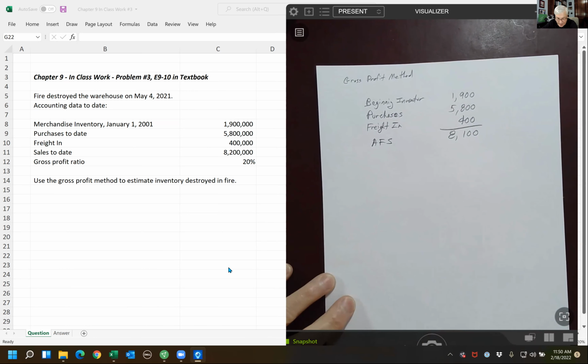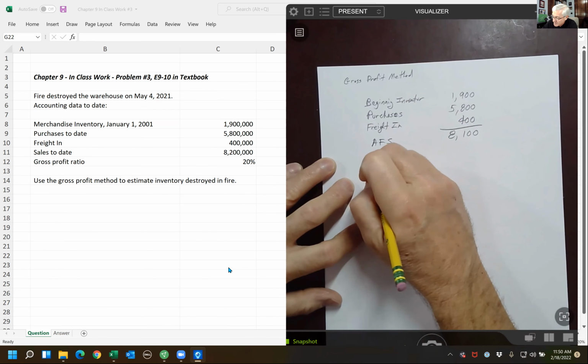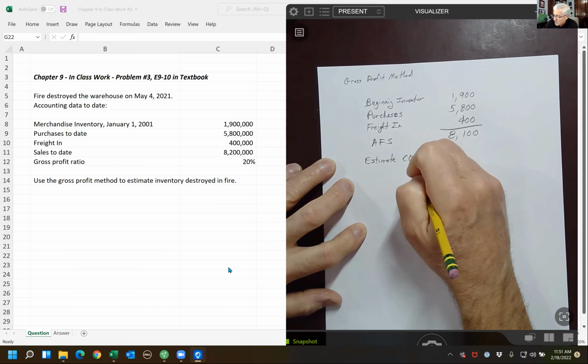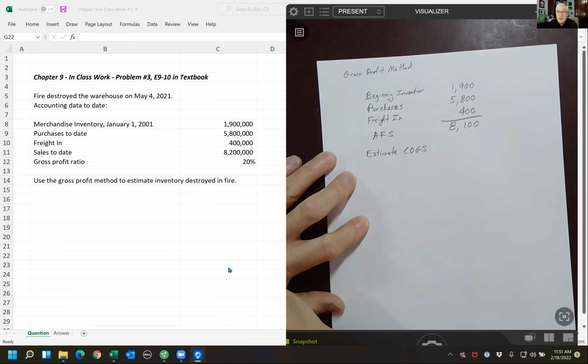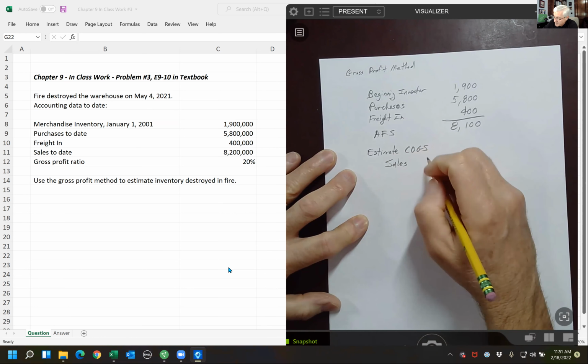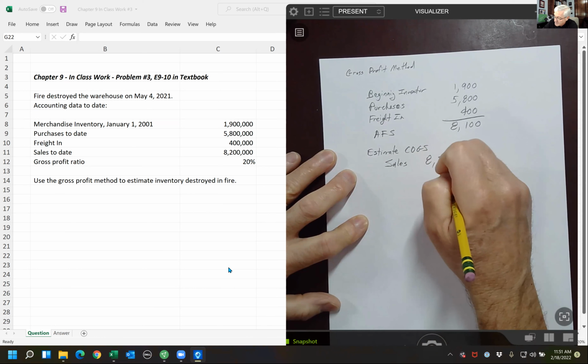Now, let's go estimate the cost of goods sold. How will we do that? Sales equal 8,200.